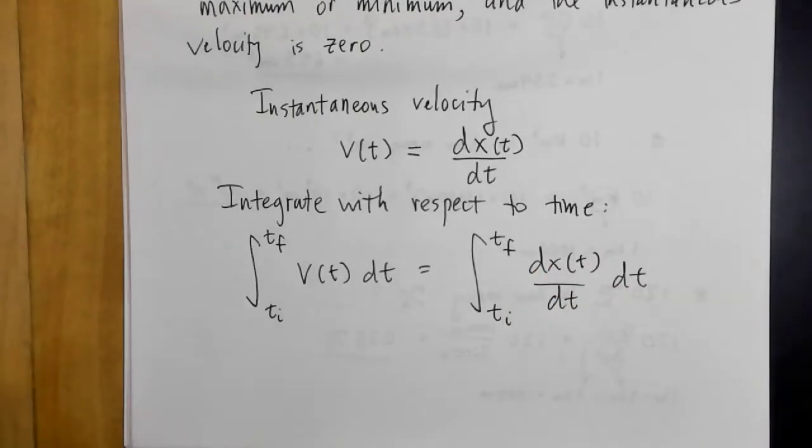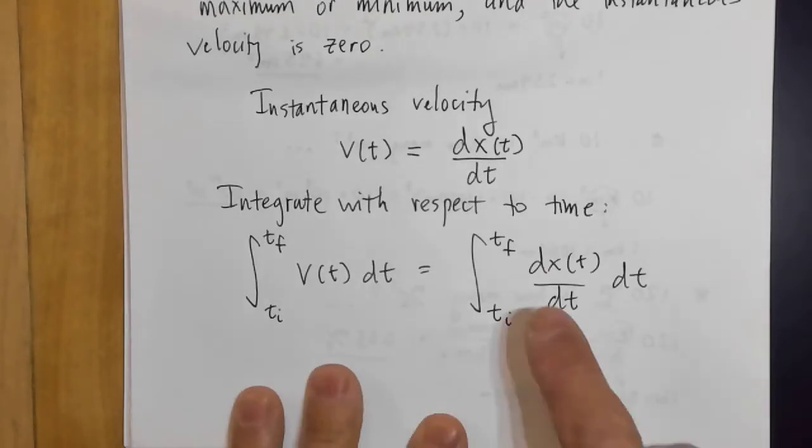Does anybody know what the integral of dx by dt with respect to dt is? Otherwise, how do you do that integral? Yeah, it's really easy. You just get x, right? Because that's how you do integrals.